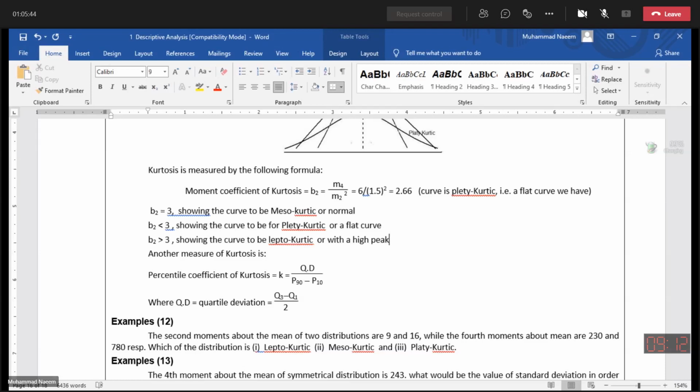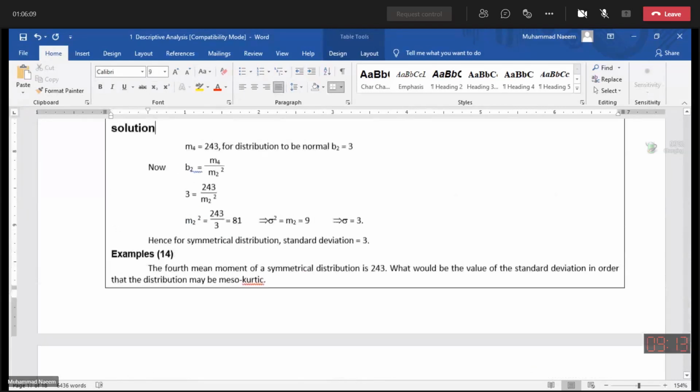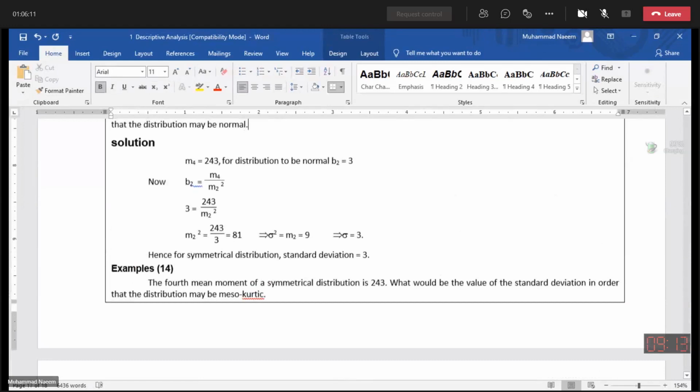And also we have some alternative formula with the help of quartile deviation and percentiles, where quartile deviation is Q3 minus Q1 divided by 2. So let us go through these examples.